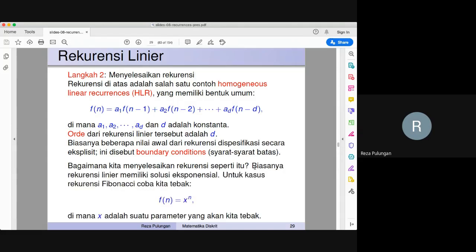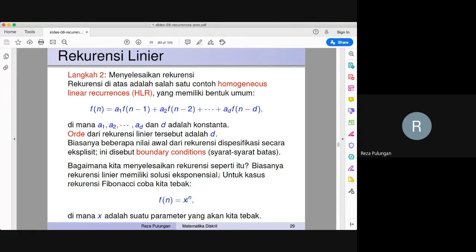Remember this. Every linear recurrence always has an exponential solution. So if you are given a linear recurrence like this, then you have to guess that the solution will be of the form fn is equal to x to the power of n.